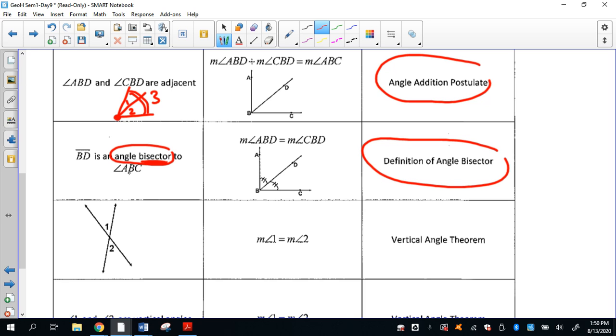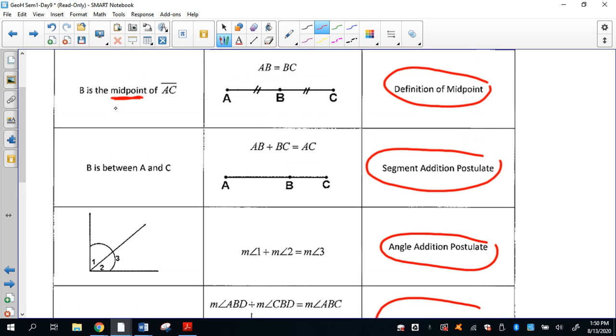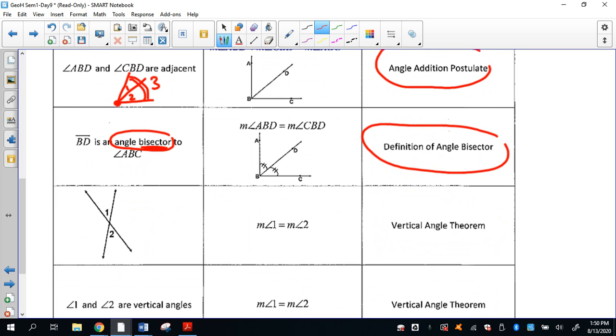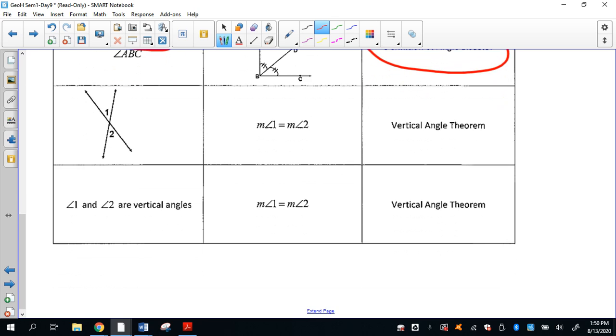You could also be given a segment bisector, and if you're given a segment bisector, it would be like midpoint. You would just use the definition of segment bisector. So if B is the segment bisector of AC, by definition of segment bisector, those two are equal to each other. So in general, if they give you the words, usually say the definition of that word.